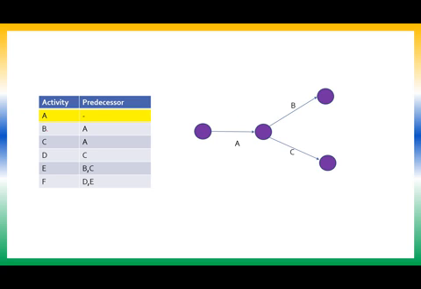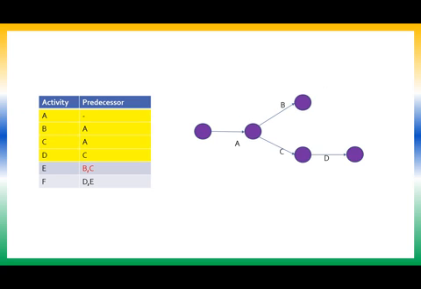Now A, B, C are handled. Next is D. D comes from C. This activity is done. Next activity is E, which should come from B and C.